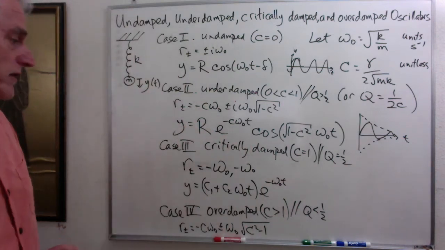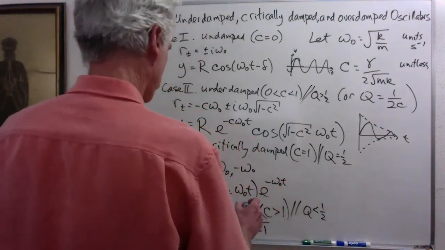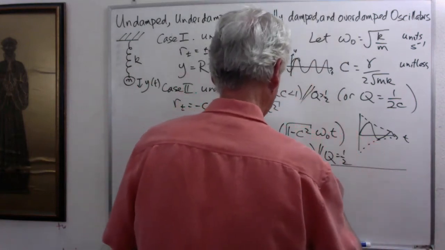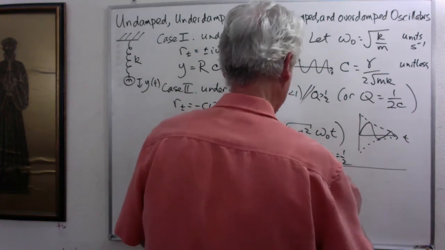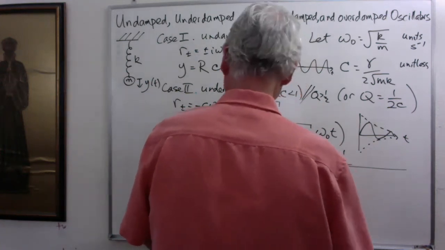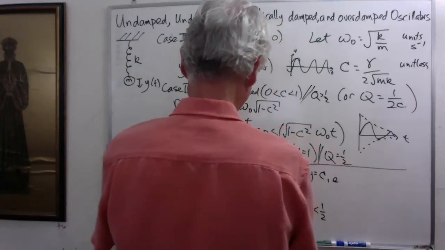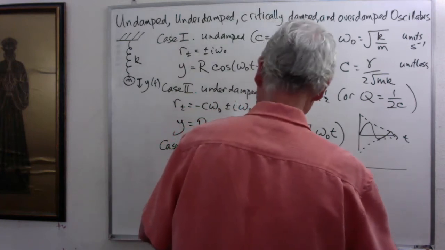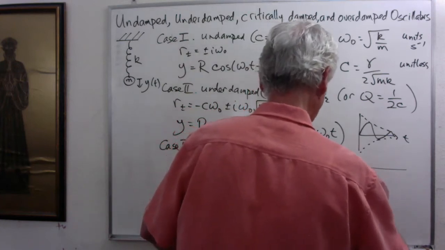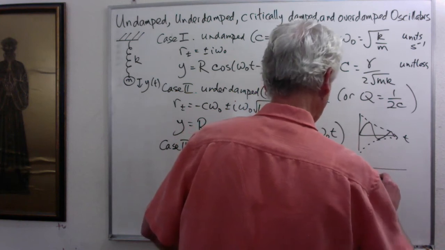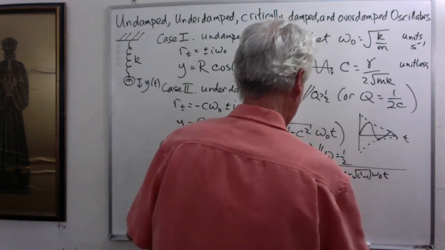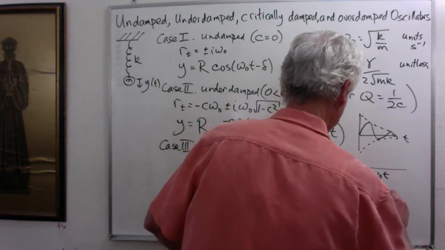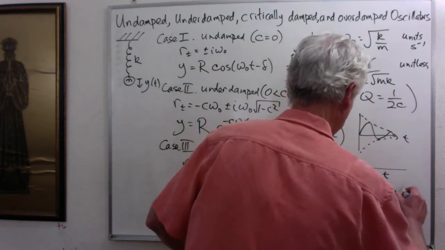So let's see if I can have room over here to write the general solution. The general solution is going to be y is c1 e to the, let's write this, notice that this had the factor of the omega naught, this is minus c minus square root of c squared minus 1 omega naught t plus c2 e to the minus c plus square root of c squared minus 1 omega naught t.